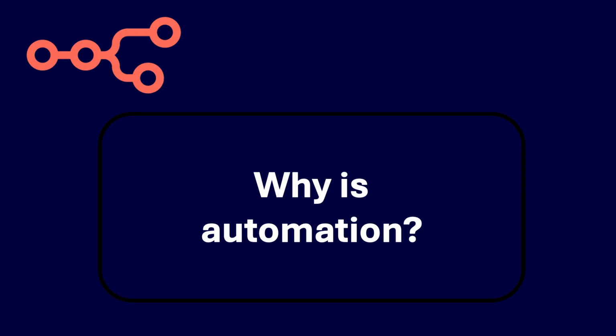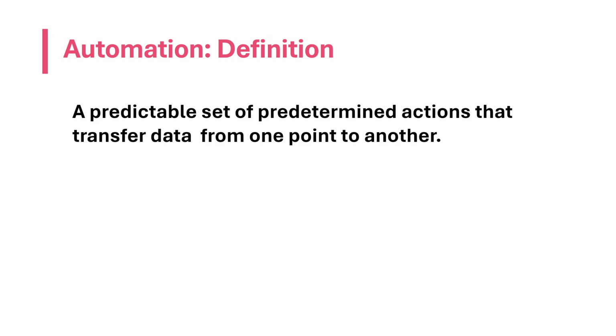For example, when a customer submits a form on your website, their details automatically go into a Google Sheet. An email is sent to them and a manager gets notified, all without you touching anything. That's automation at work. Let's see the definition of automation: a predictable set of predetermined actions that transfer data from one point to another.